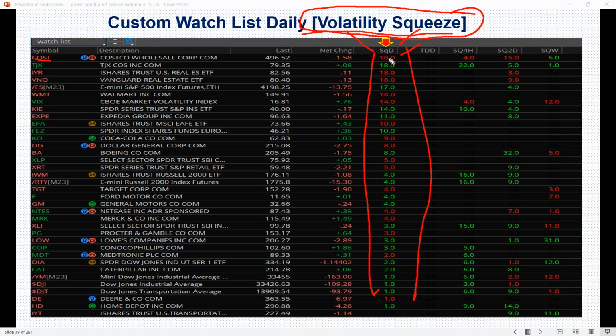And then I've got it color coded based on momentum. My cycle 1 momentum indicator is linked to this, so it shows this negative momentum. It's red. Here you can see TJX, 18-day squeeze. It's green momentum. So this is where we can quickly identify things that are in a squeeze. We can click on them and then see if the pattern's ready to break out up or down. This is one way that I've found to really quickly identify good trade setups.